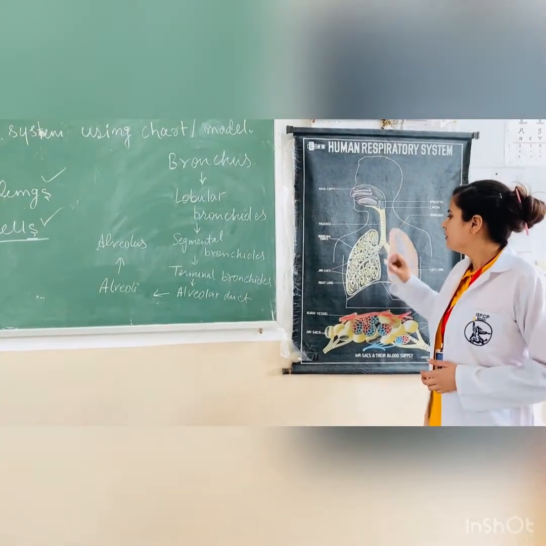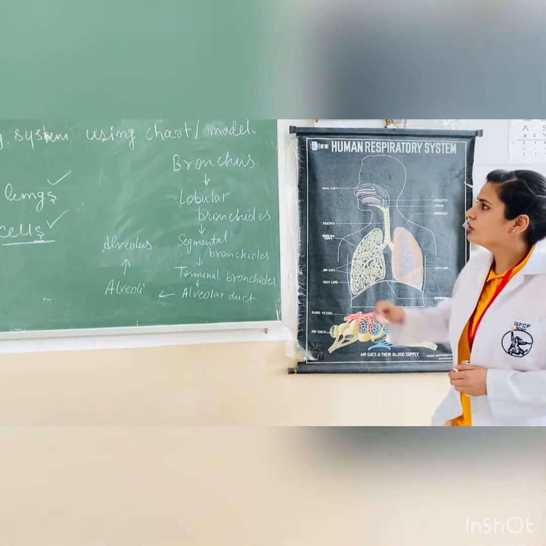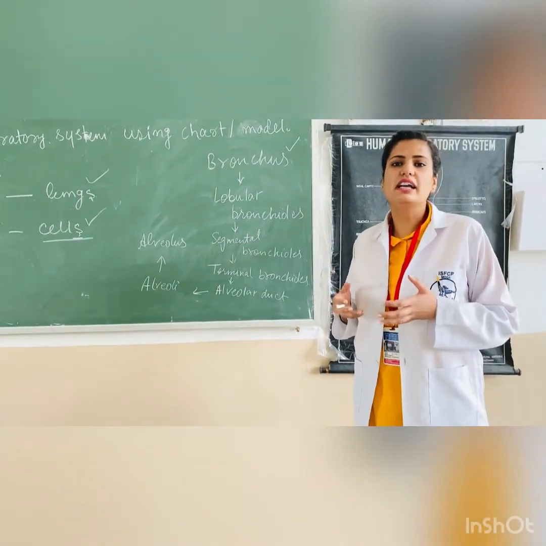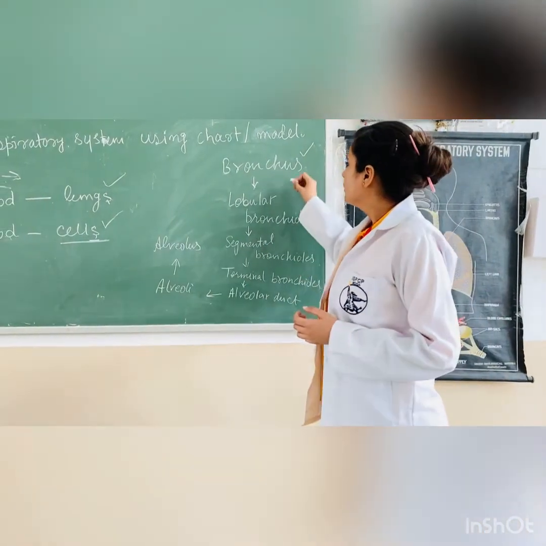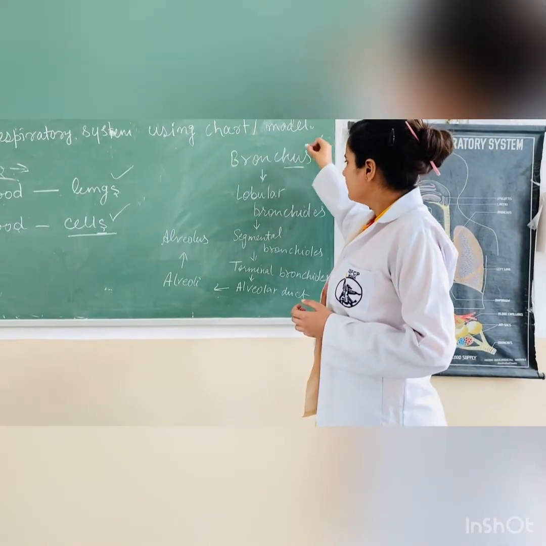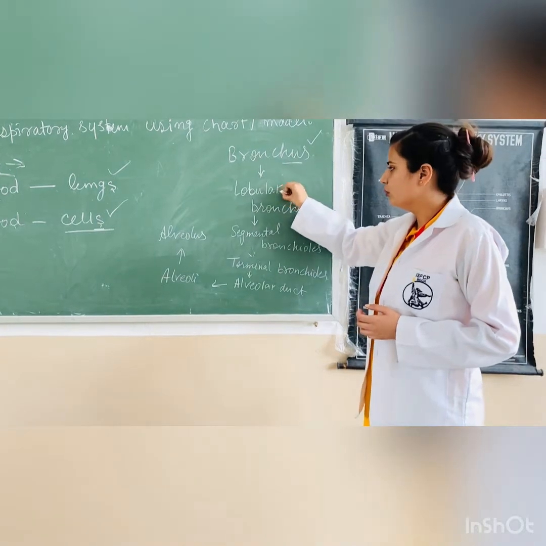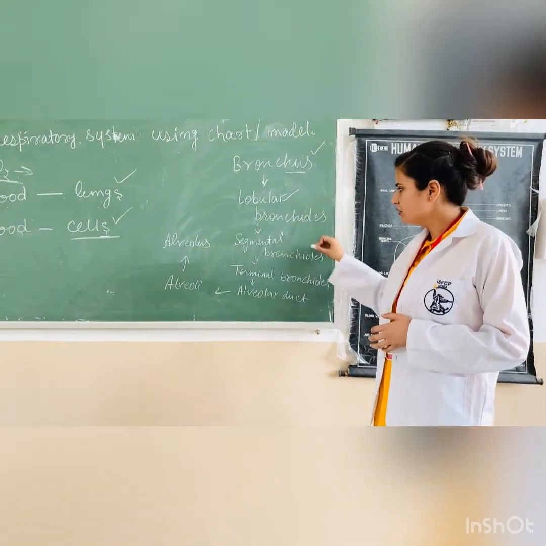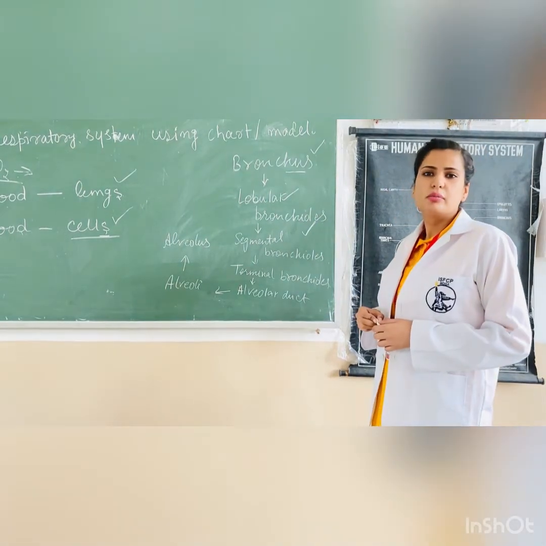After entering the lungs, the primary bronchus will divide into various branches like a tree. Firstly, the bronchus will divide into lobar bronchi, then they will be converted into segmental bronchi.